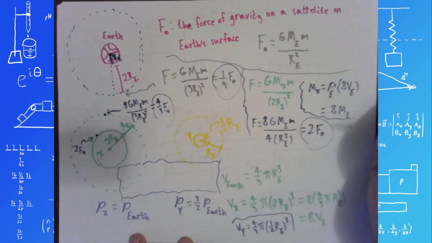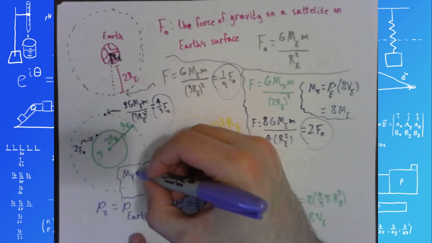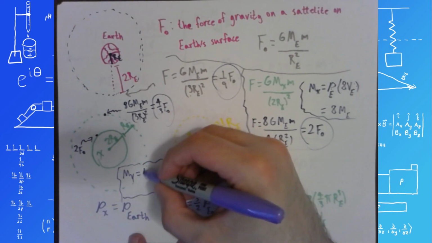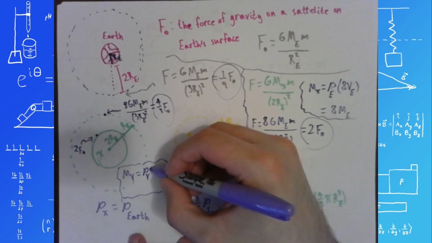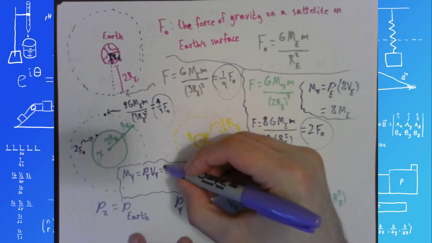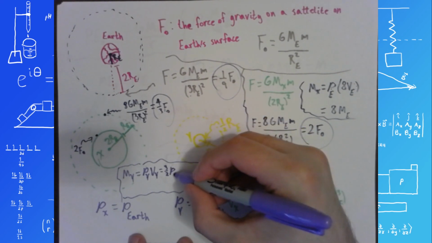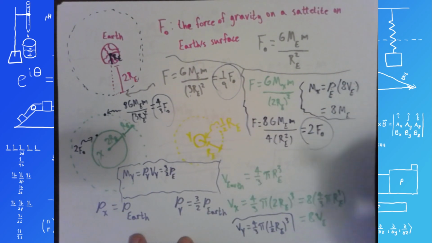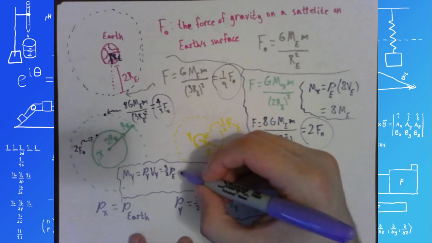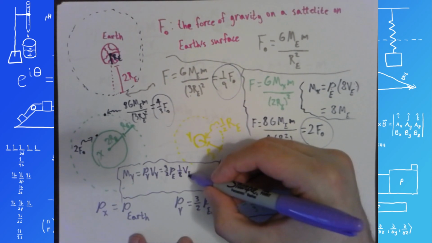So mass of planet Y equals density of planet Y times volume of planet Y, equals 3/2 density of Earth times 1/8 the volume of Earth.